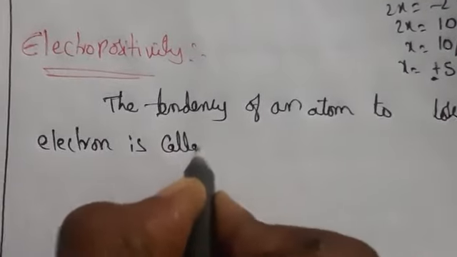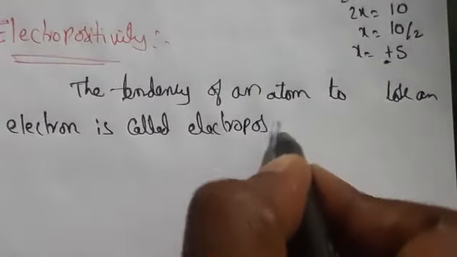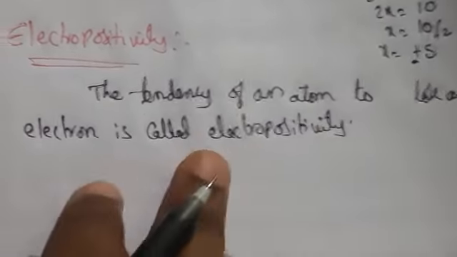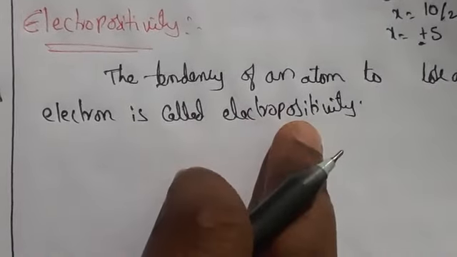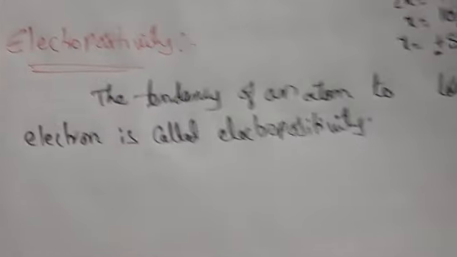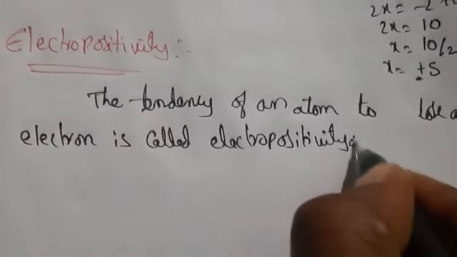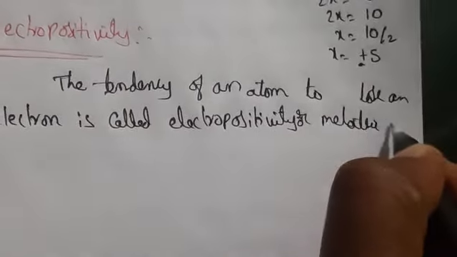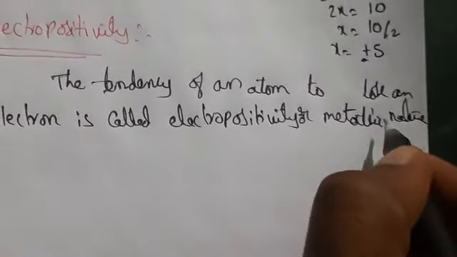The tendency of an atom to lose an electron we call electropositivity, or we can say metallic nature also.